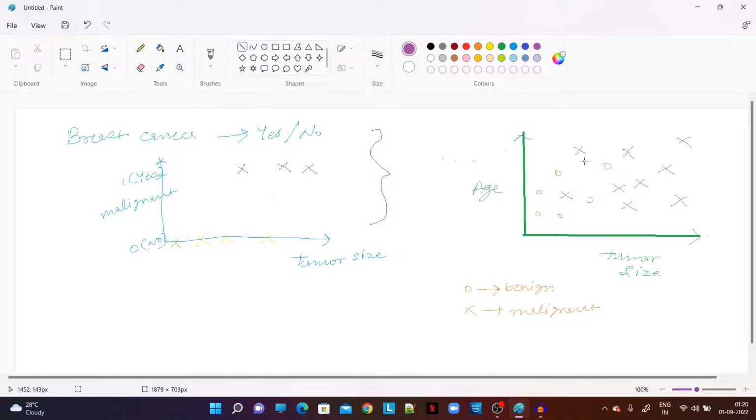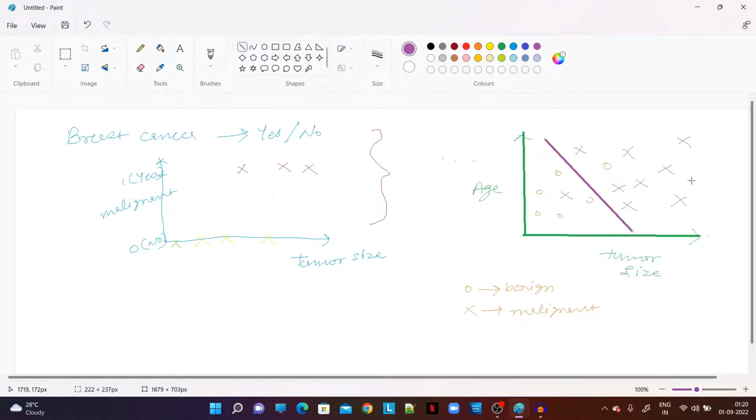Right? It is not a perfect fit, as you see that one case of malignant cancer is here and one case of benign cancer is here, but this would generally represent the data that we are looking into. Generally anyone in the age group with a tumor size up till this is a benign case, whereas these most probably belong to the malignant case.